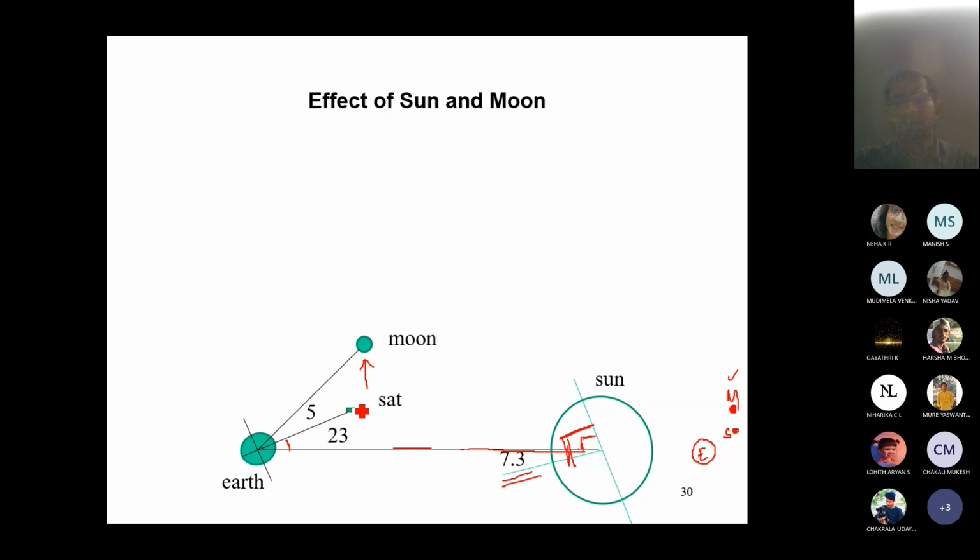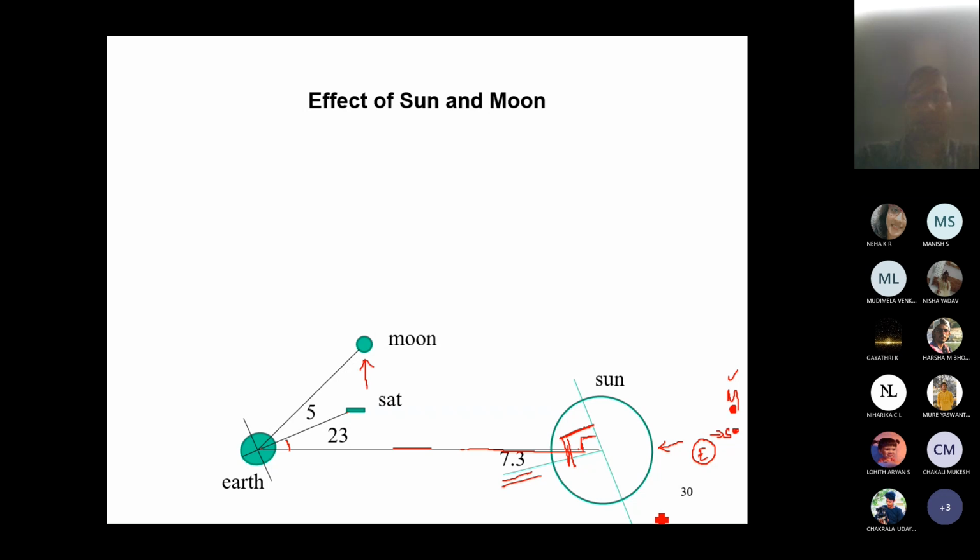That means at these locations the satellite lies in between moon and sun, but where it is not, because the satellite is outside, away from the Earth. It is just on the opposite side of the Earth. So on this side the sun is there, on this side the satellite is there.